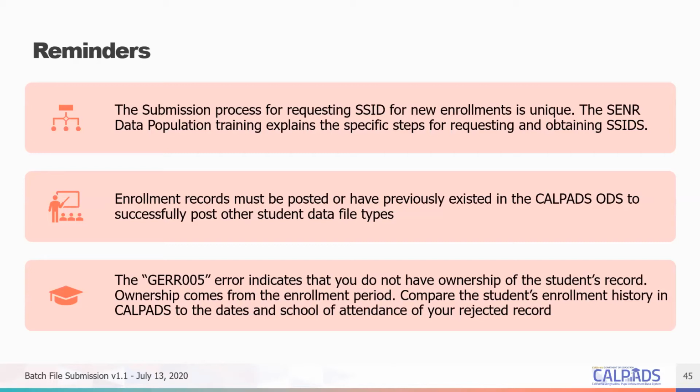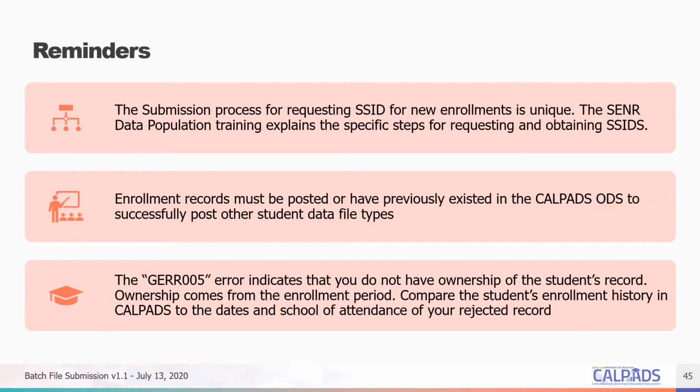Again, we talked about the key concept of ownership. Your ability to submit, modify, even delete records in CalPADS is dependent on your student enrollment. You establish ownership through your start and end dates in the SENR or student enrollment record.